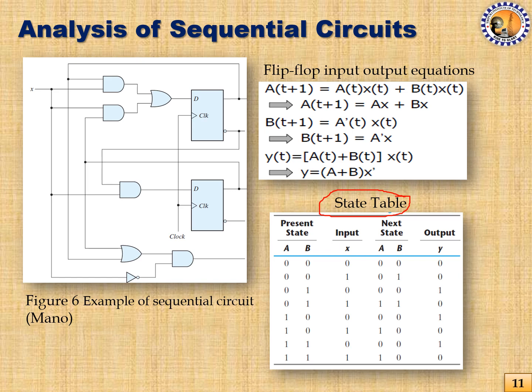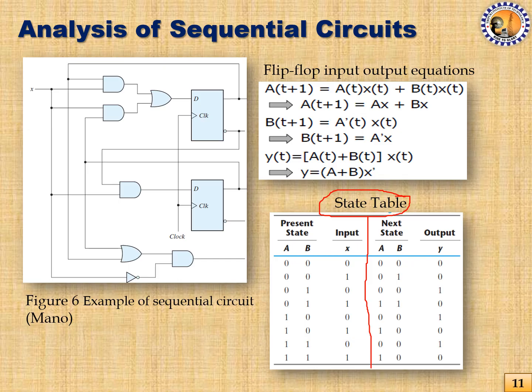Similar to the previous one, we have present state A and B and input X. This is our input side, and then the next state, that is A(t+1) and B(t+1), is represented by the next state.